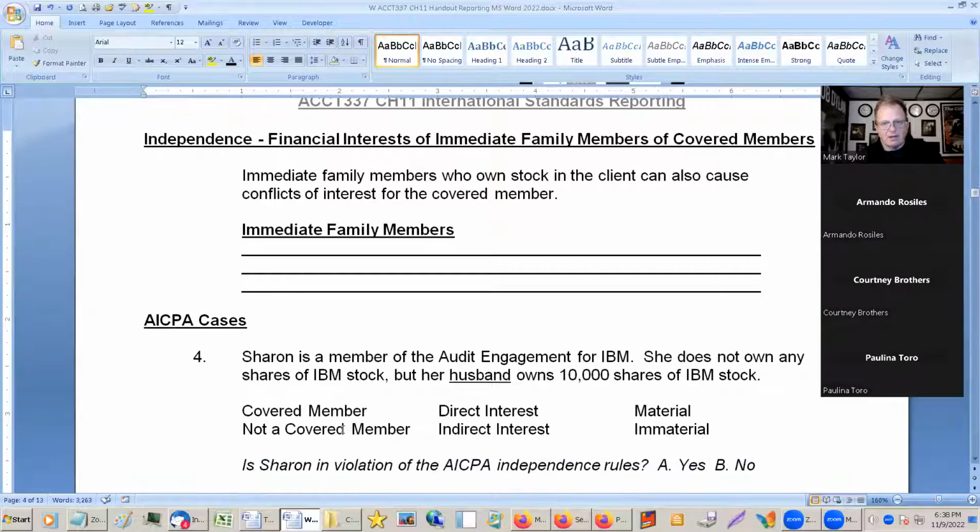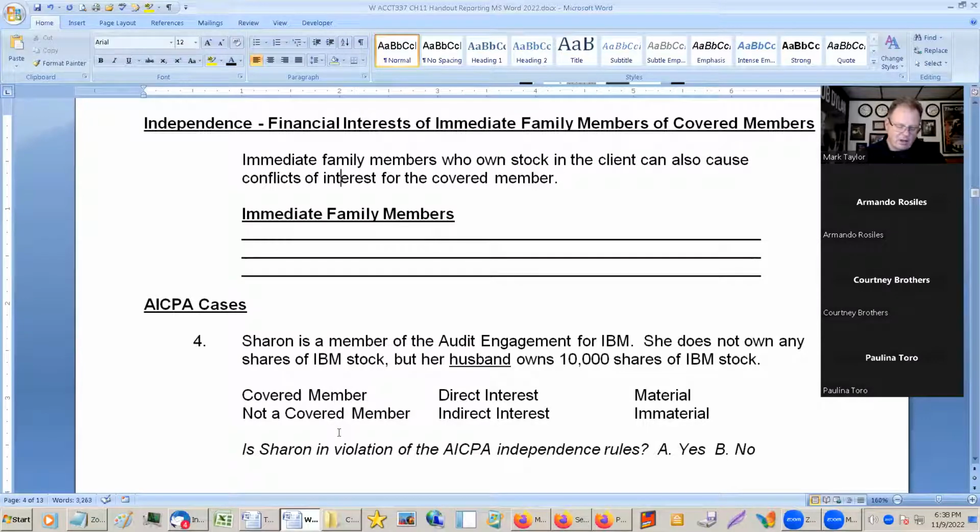The second thing we're going to look at is people say, okay, I'm a covered member, I can't own IBM stock. I know, I'll give it to my spouse, my wife or husband or boyfriend or girlfriend or whatever, and that way everything will be okay.